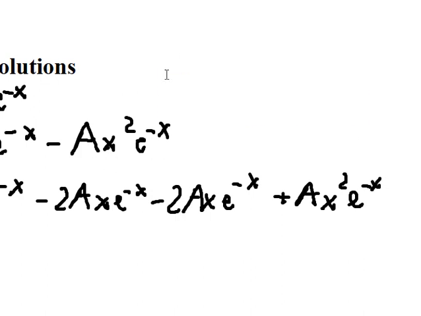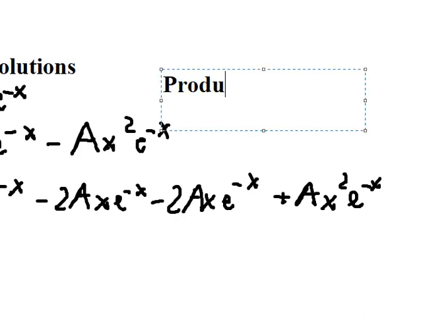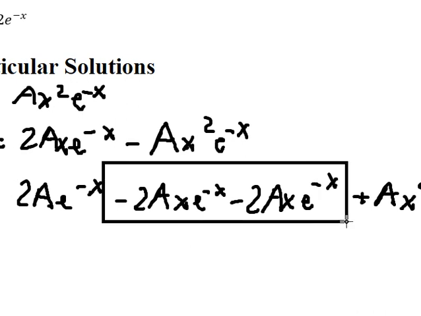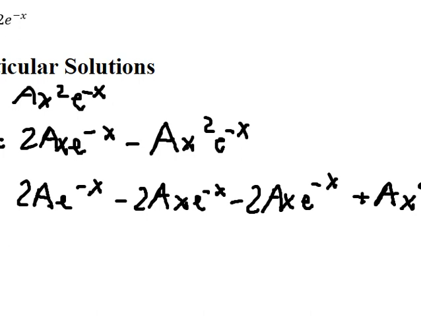We just apply the product rule of the derivative. That's why we have this one. And now we can see that this one in here we can sum together, and that is negative 4as e to the power of negative s.